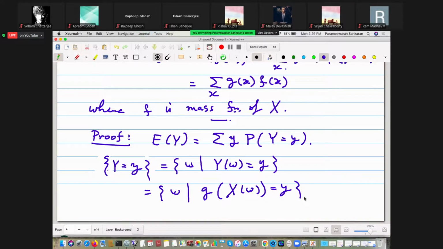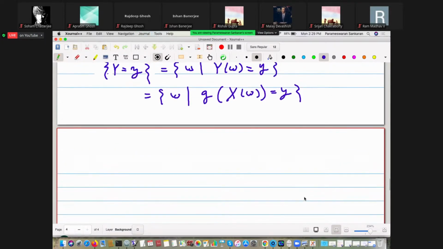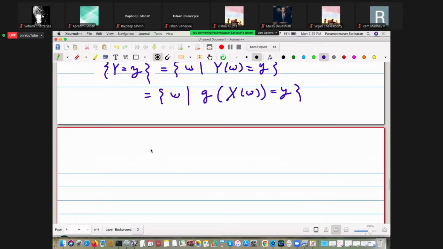So this is the set of all omega such that X of omega is in g inverse of y.